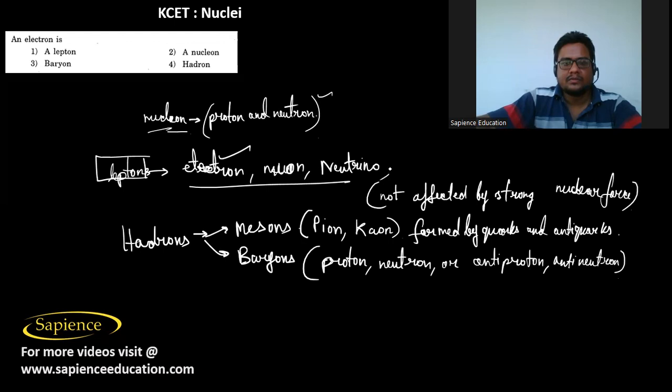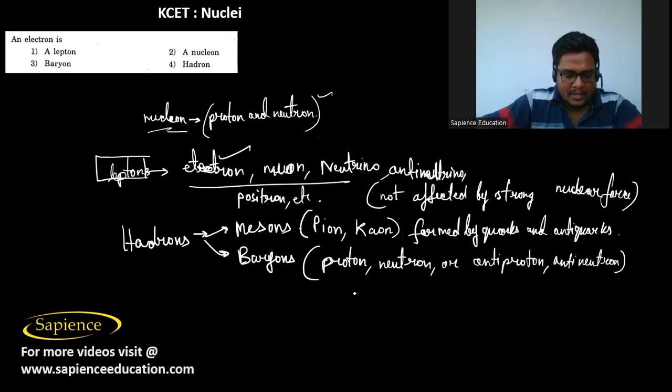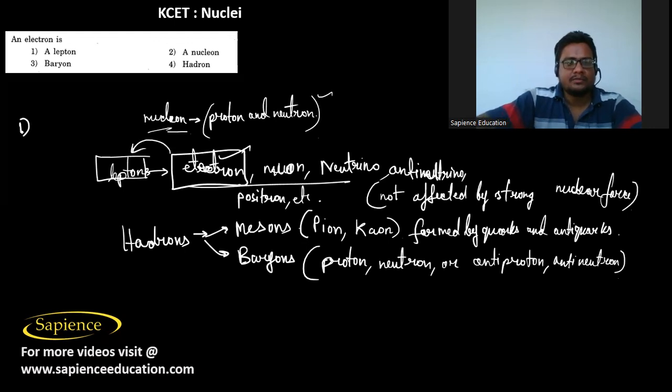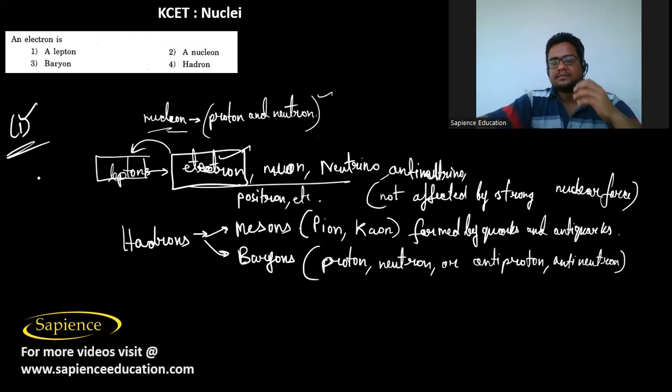And leptons, one more example is anti-neutrino and anti-electron, which is also called positron, etc. So it means that an electron is a lepton. So it means option 1 is the correct answer.